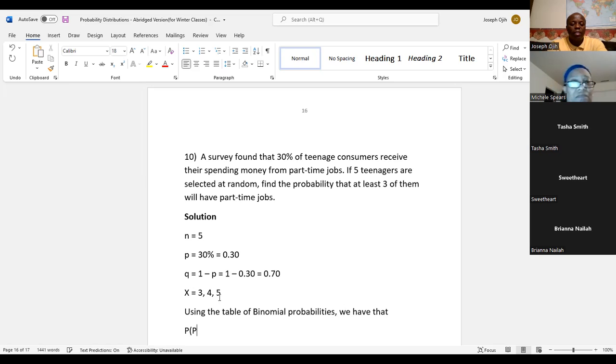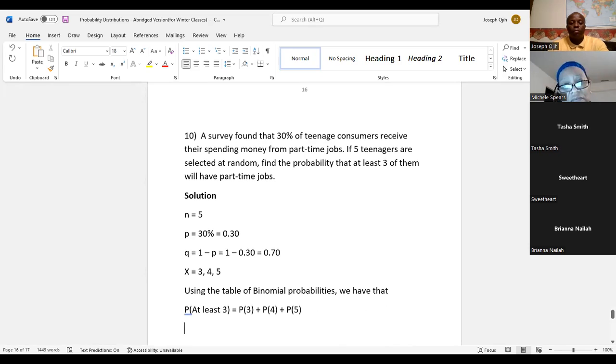That means the probability of at least 3 equals the probability of 3 plus the probability of 4, plus the probability of 5. See? Now you can get this from the table right away.